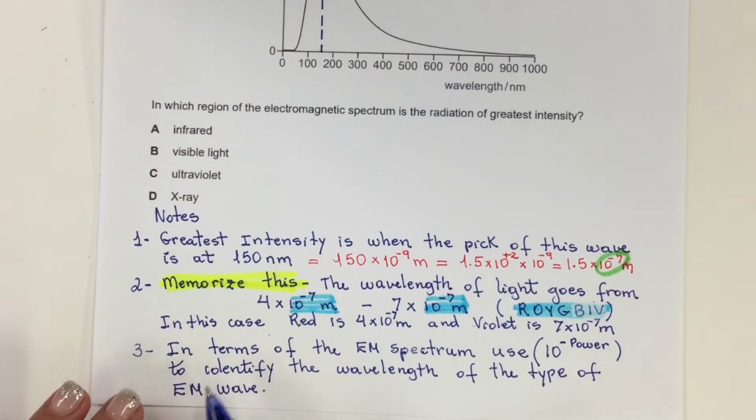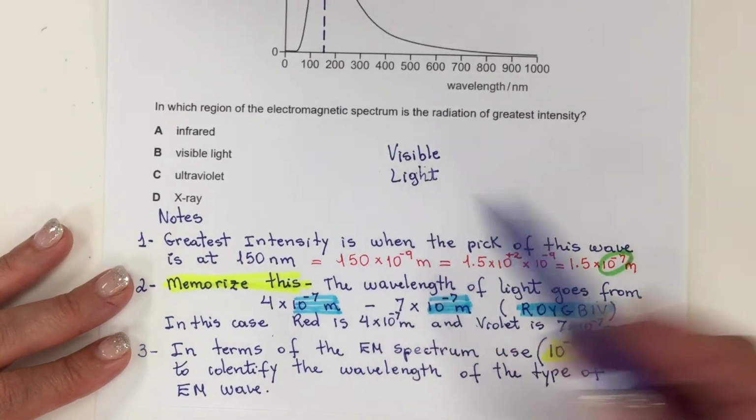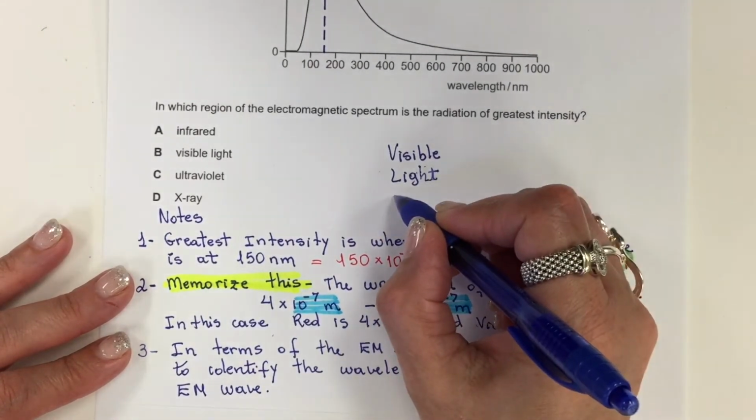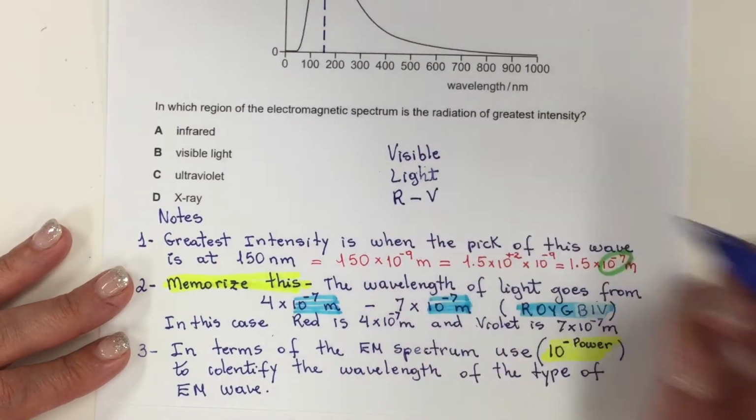This last note, in terms of the EM spectrum: use 10 to the negative power to identify the wavelength of the type of the EM wave. So let's start with visible light. Visible light goes from red to violet.